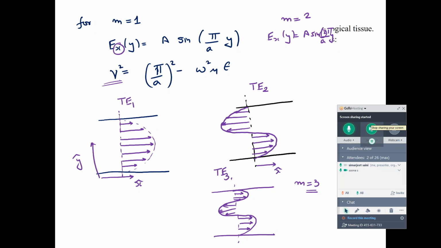Once I have excited one of these distributions, it will carry; they are the eigen solutions. So if the waveguide does not change its shape, these solutions will not give their power to any other solution. These solutions will exist throughout the waveguide and will travel with their own specific, unique propagation constant.